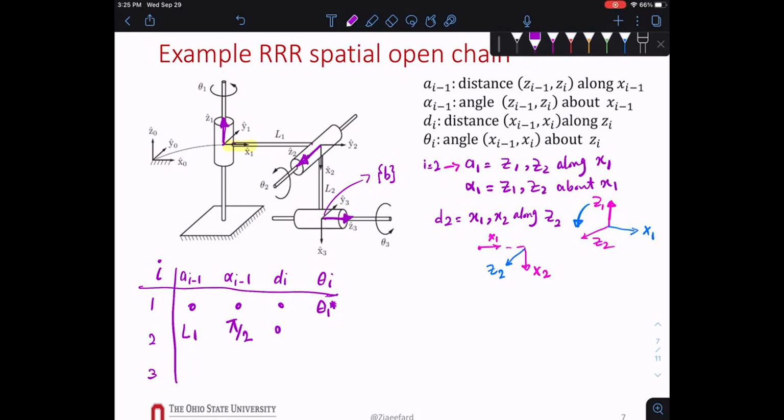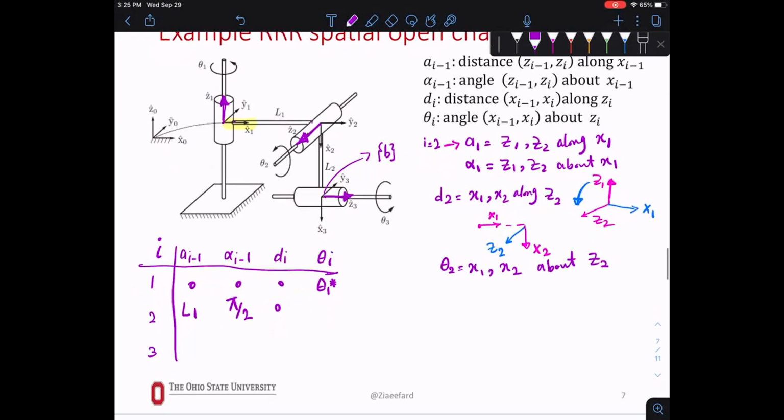Now, what is theta I here? So this is the special case that I told you about before. So let's create that. Theta 2 is the angle between x1 and x2 about z2. So this is x1.